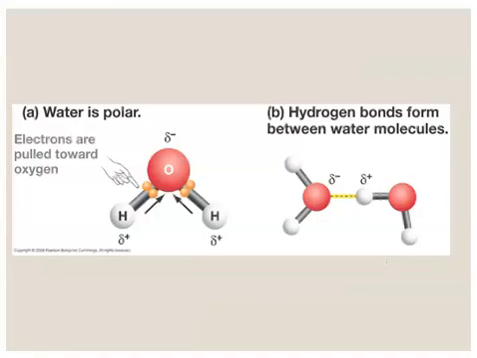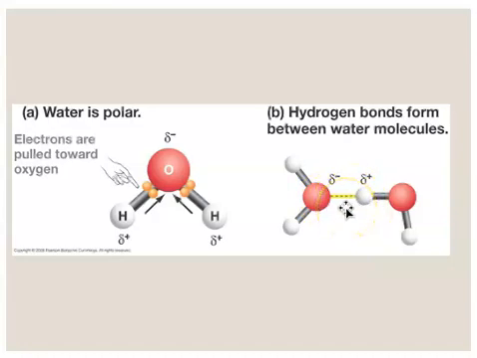We can use the water molecule again as an example of hydrogen bonding. When water molecules come together, because they're polar, they contain partial charges. And what will happen is the partially negative regions, the oxygens, will be attracted to the partially positive regions, the hydrogens, and we'll get a hydrogen bond formed.